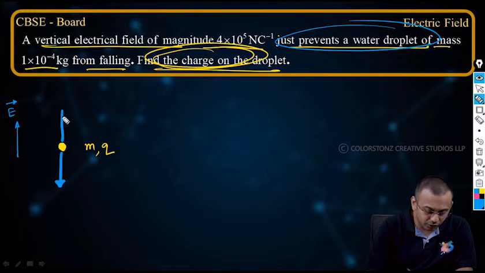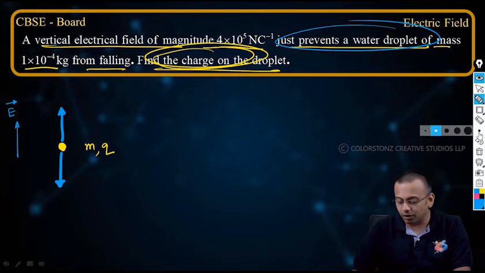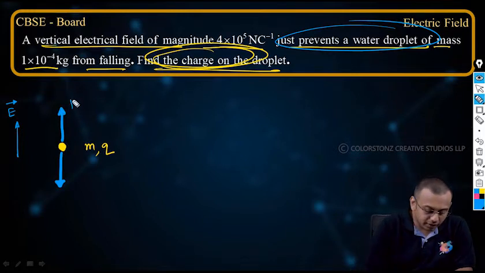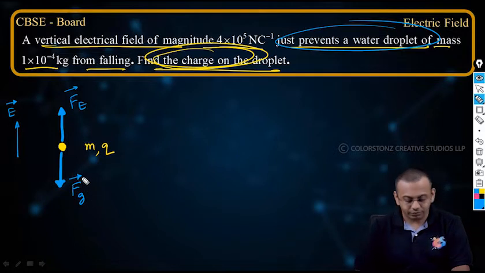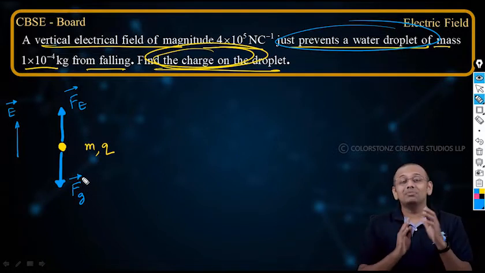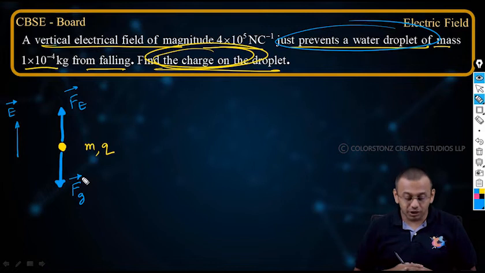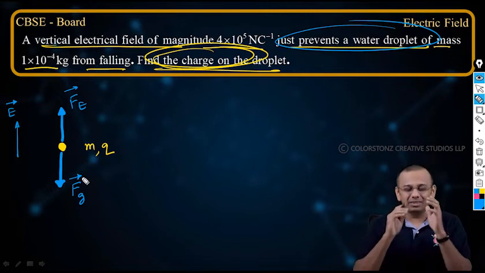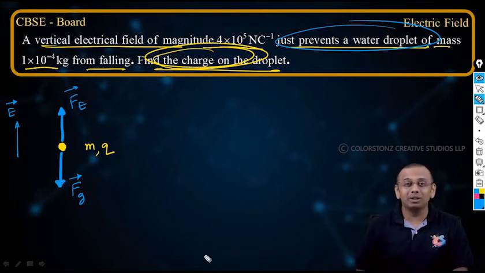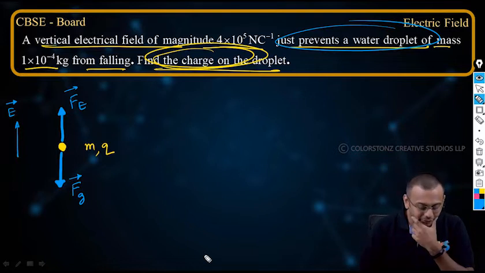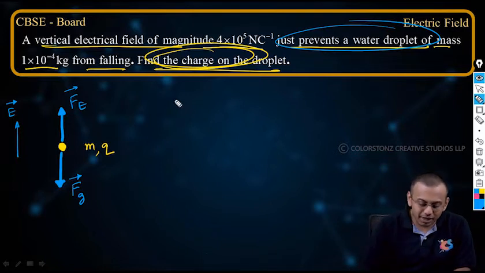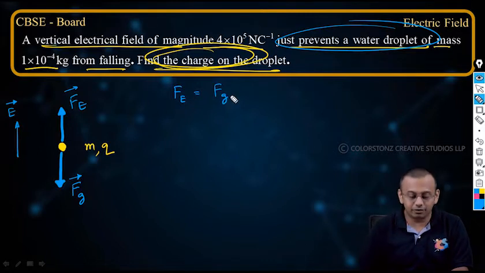So these are the two forces acting on that particle. There is the electrostatic force and then there is the gravitational force. These must be equal and opposite to each other so that the water droplet remains in equilibrium, simply suspended mid-air. So let us write the mathematical form for that. Fe is equal to Fg, the gravitational force.